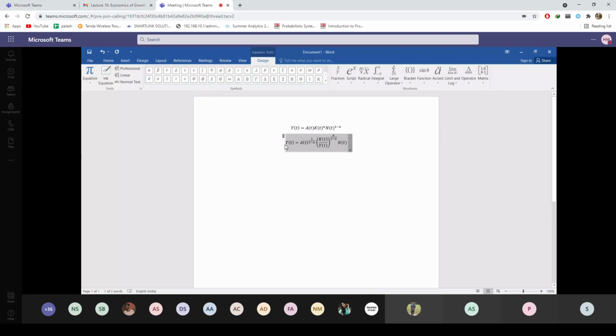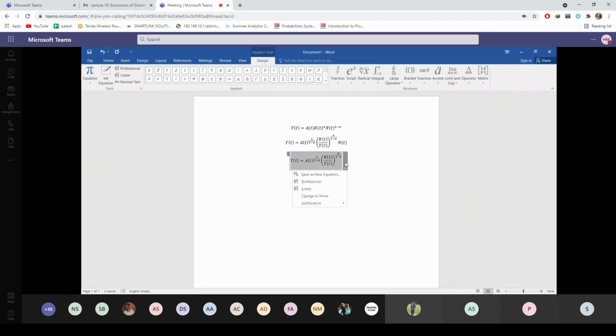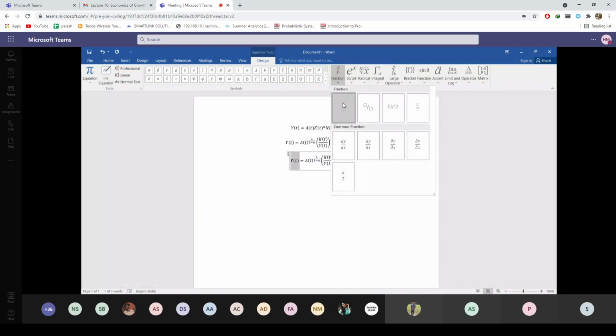Instead of having N_t here, you move it over here, and it should be Y_t by N_t, and that is basically my small y_t. And that's it.